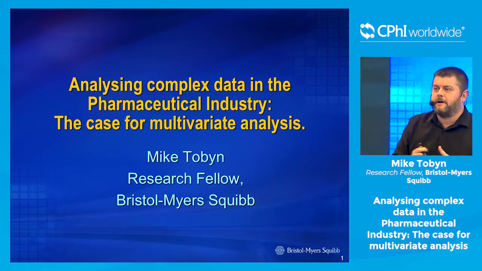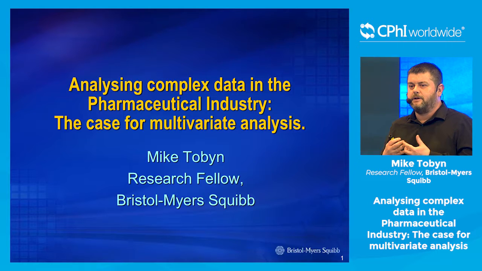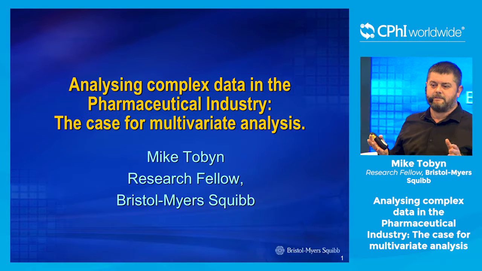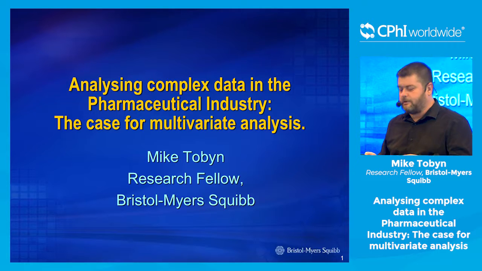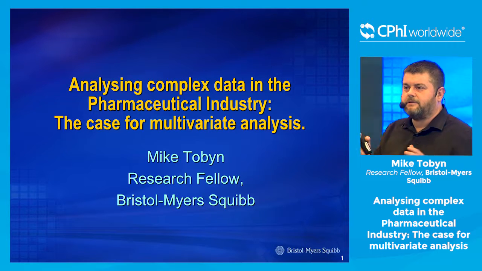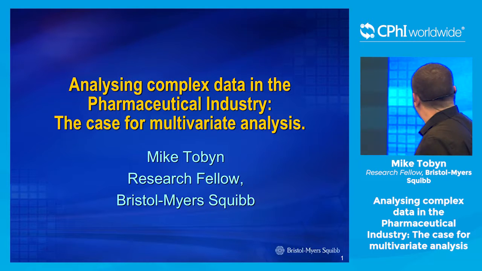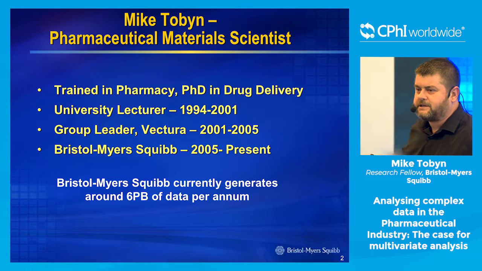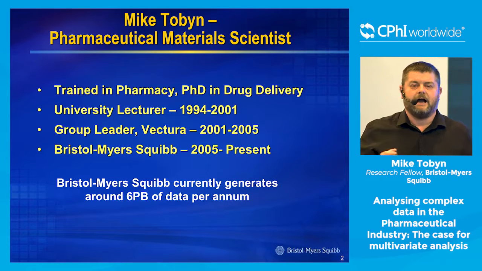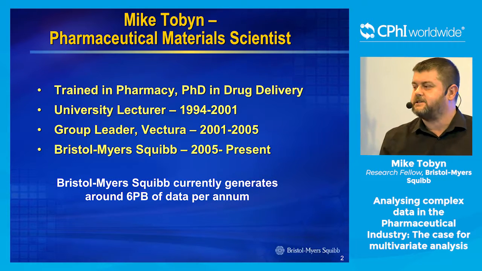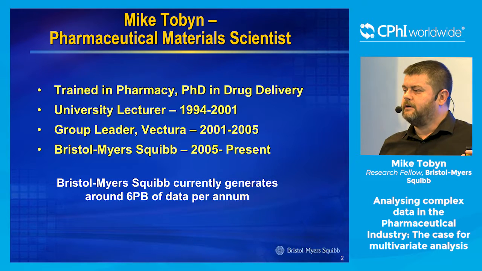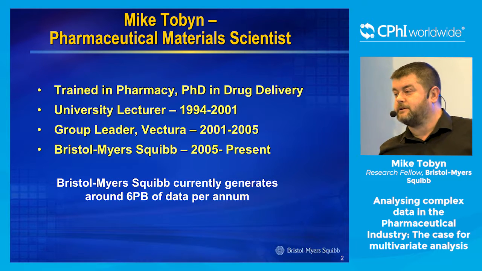What I'm going to talk about today is what multivariate analysis might be able to be used for in the pharmaceutical industry. That's a topic I've come to over the past few years. I trained as a pharmacist, and then I worked teaching undergraduates in pharmacy, and then I worked for a small pharmaceutical company, and now I work for a large pharmaceutical company.